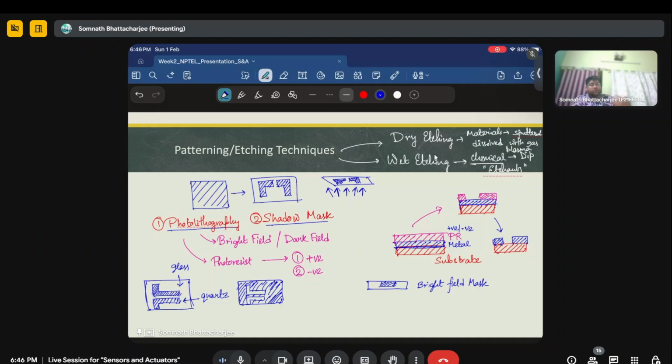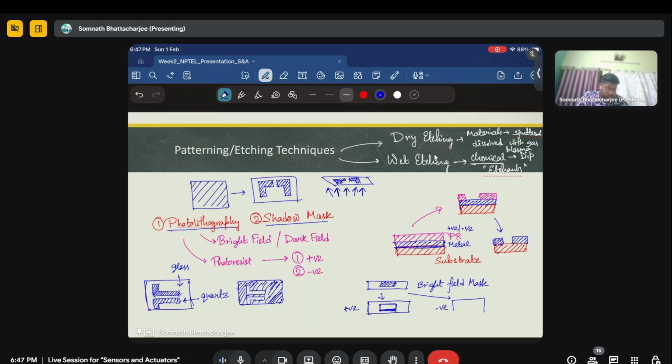If this PR layer is positive, we'll have a directly similar pattern onto the sample itself. Now, if we are trying to use a negative one, both are coming directly from this. This one is a positive one, this is a negative one.